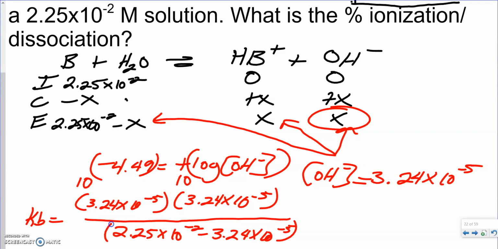When we're solving for x, mathematically, we can assume that that value is negligible, and we can look at 10 to the negative fifth and say it's negligible compared to 10 to the negative second. But in terms of calculating KB, we actually have to know what that value is. Let's see what we get when we calculate this out. I'm getting a KB value equal to 4.7 times 10 to the negative eighth, so very small.